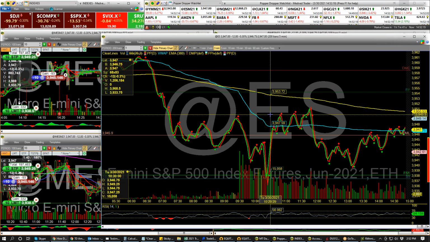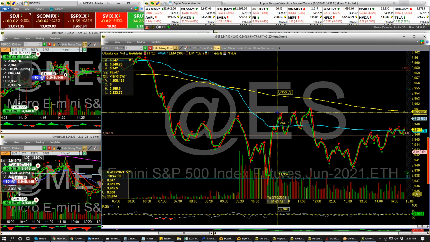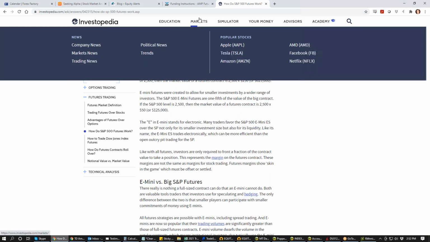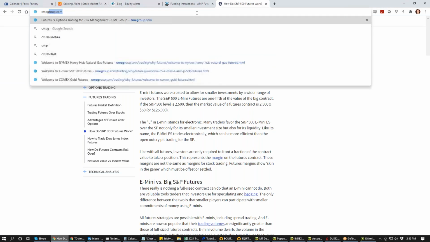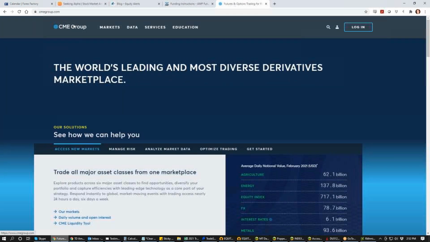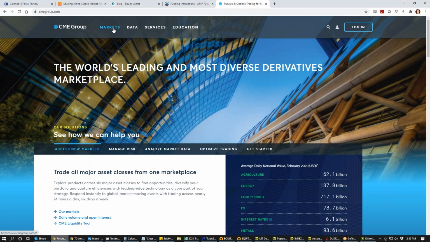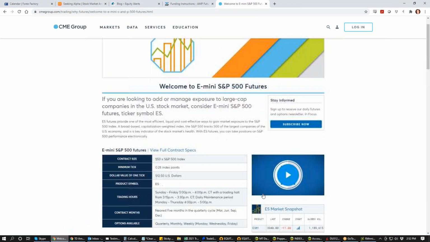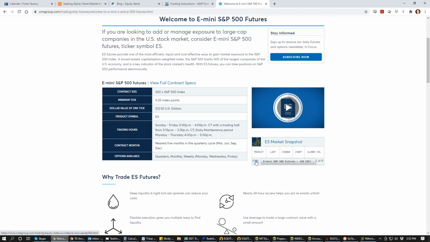How do you know when to move out of a contract and into the next one? Well, you learn. Basically, the best thing is to keep an eye on CME Group, because that's where they trade through. If you just go to markets and then hit E-mini S&P, you'll always see what current contract it's trading.